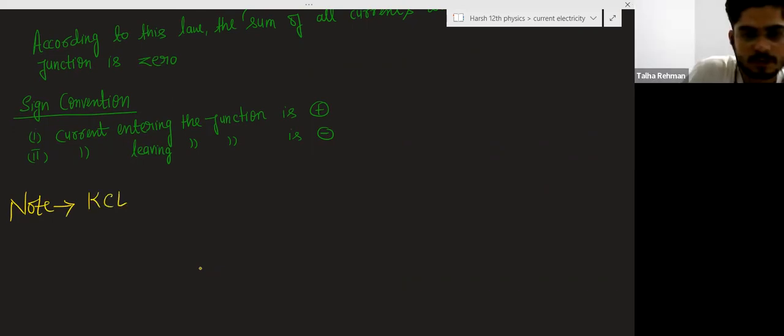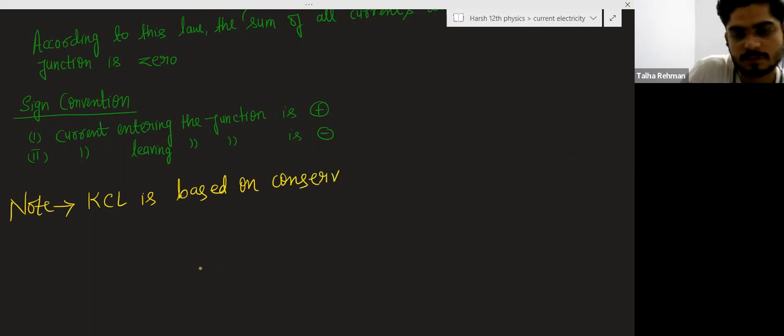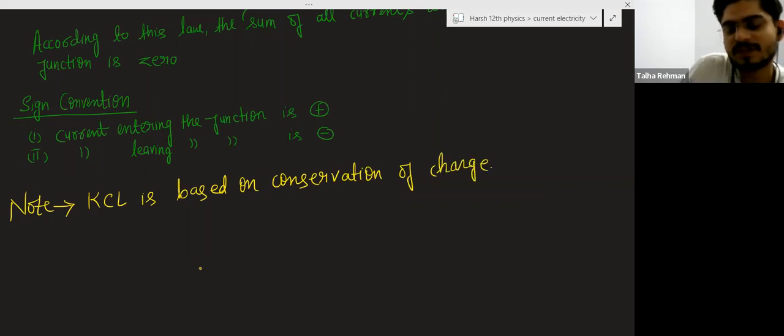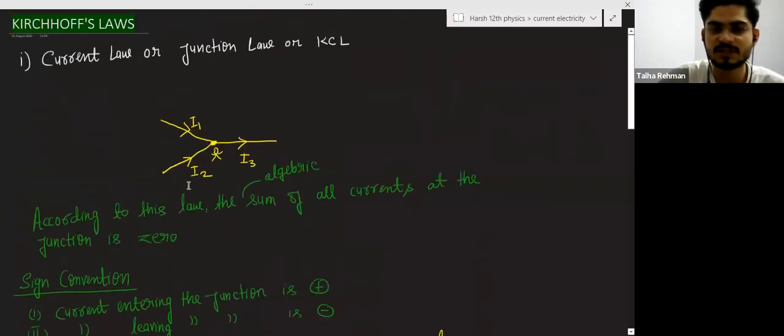Kirchhoff's current law is based on conservation of charge. What is current? Current is simply the charge in motion. Means charge is coming from here, and charge is coming from here, and all the charge meets at this point.